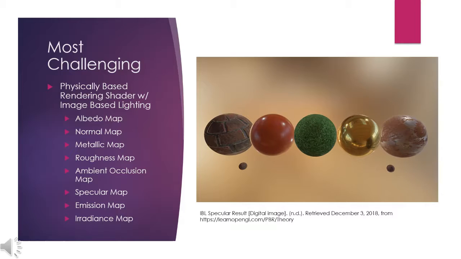Implementing the base shader for PBR shading was simple only because I found a pre-made one that takes in the albedo, normal, metallic, roughness, and ambient occlusion. However, I had to make small changes to also include specular mapping, emission mapping, and irradiance mapping. The hardest part of implementing the PBR shader after getting the base shader working was expanding it to do image-based lighting using the irradiance map.